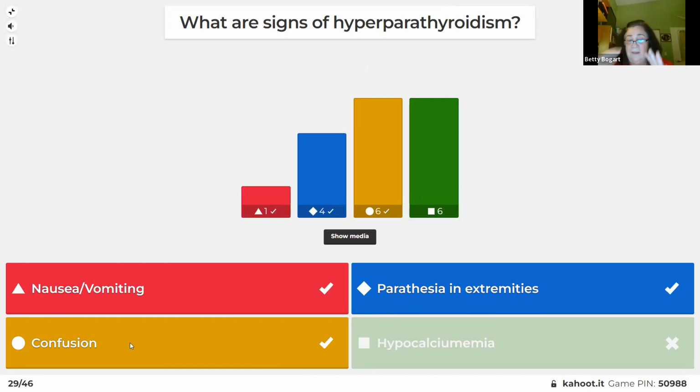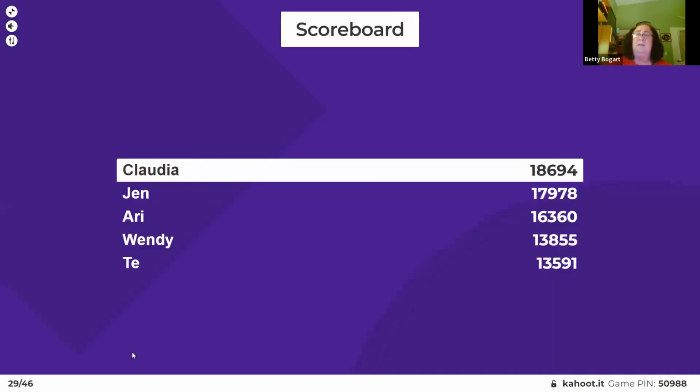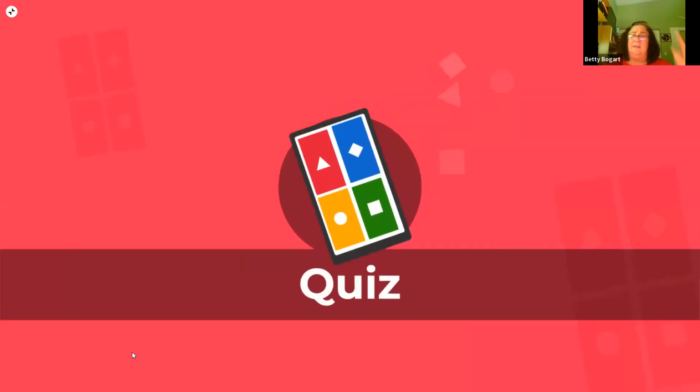This has to do with muscles and the movement. So what are the signs of hyper? Too much. You're going to see too much calcium, which makes you nauseous, vomit, you get confused, and then you're going to get numbness in the extremities. You are not going to be able to move as well because too much calcium is going on in your body. So parathyroid, calcium.